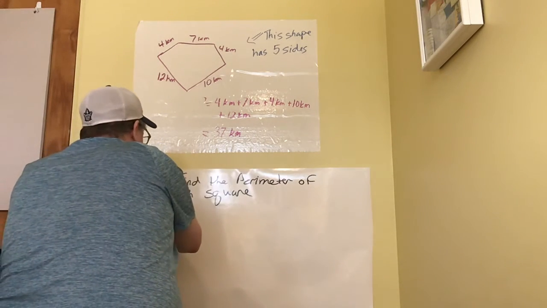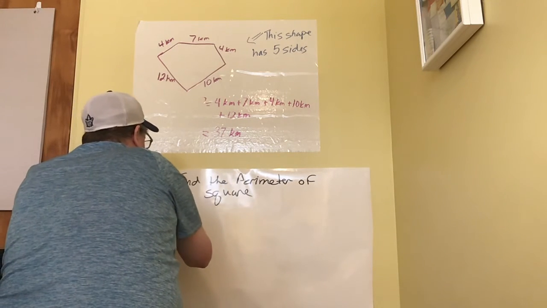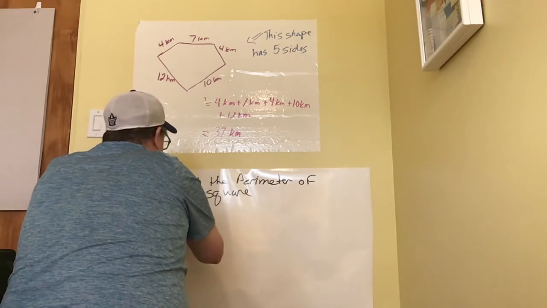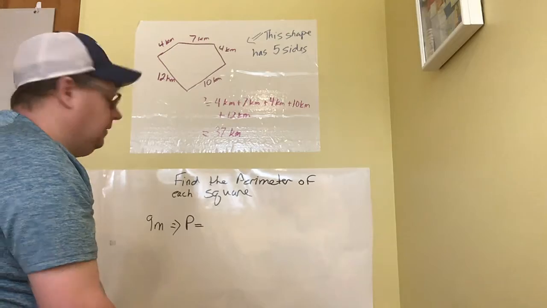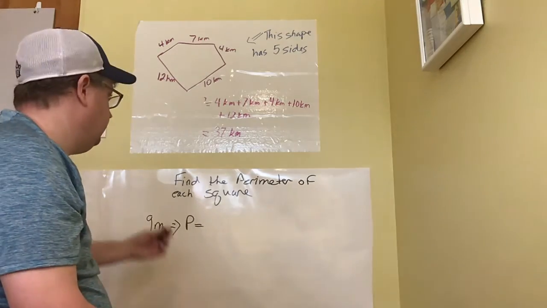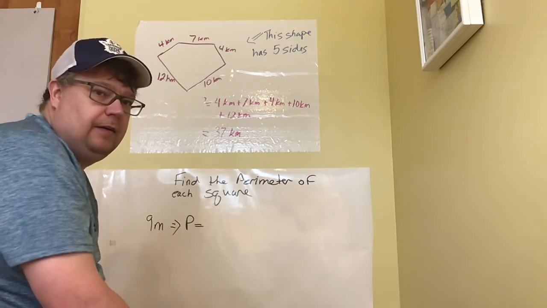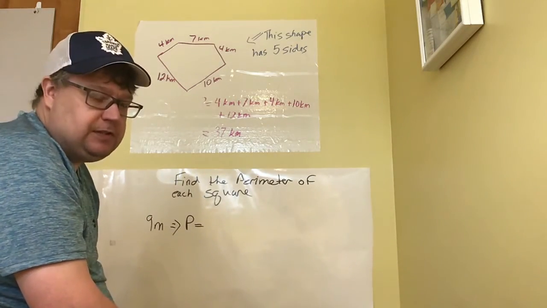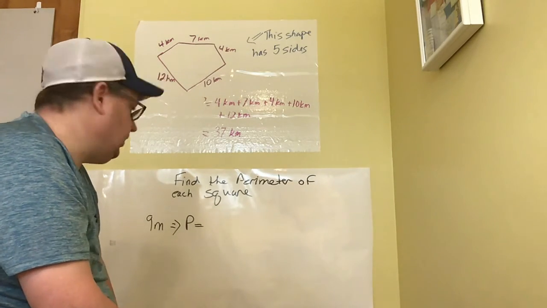And they will just have a side length of 9. That's not the perimeter. We know for a square all 4 sides are equal, so we're just going to add 9 meters plus 9 meters plus 9 meters plus 9 meters, giving us a 36 meter perimeter.